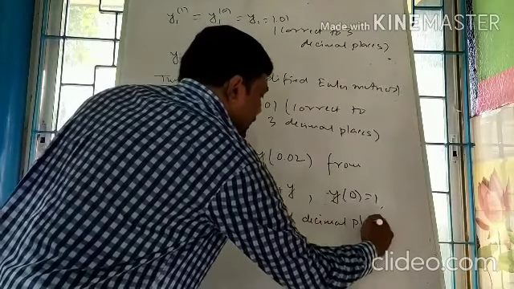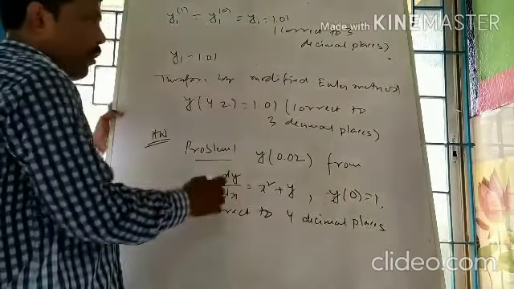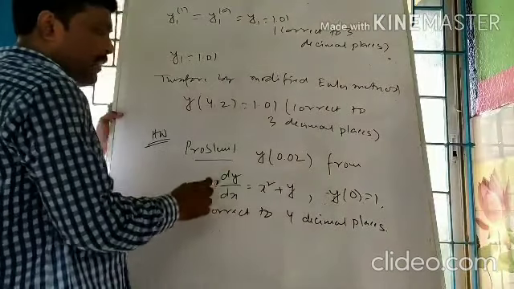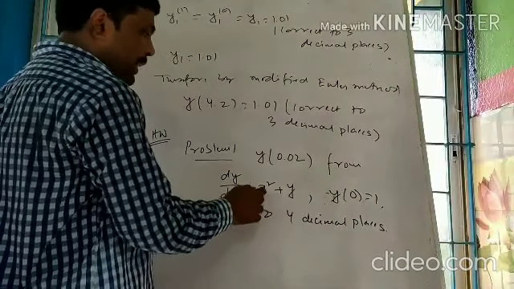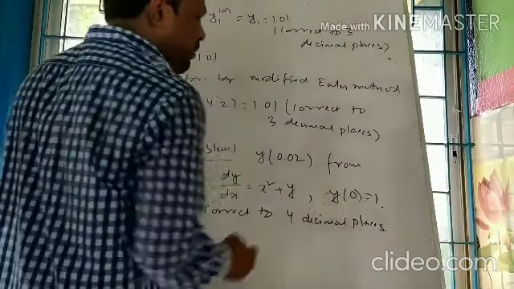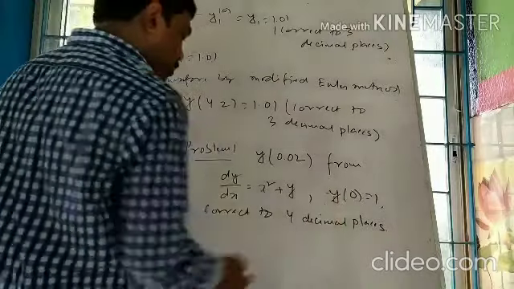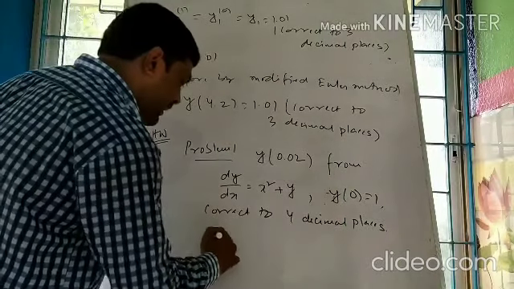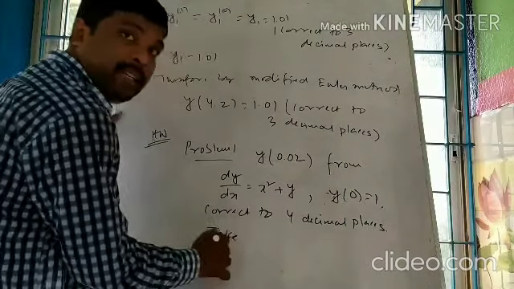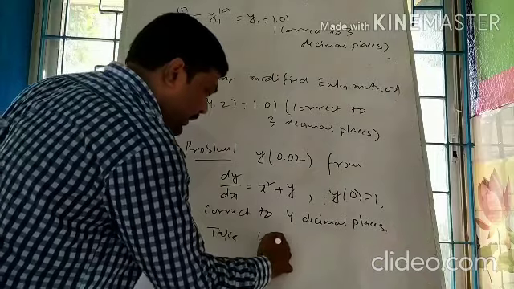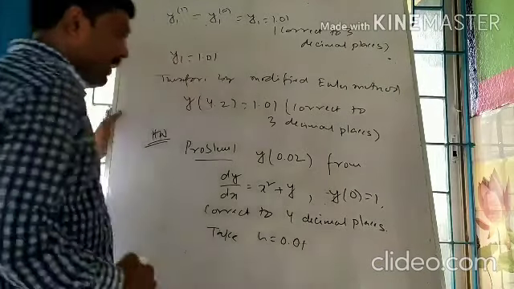Use modified Euler method. Take h equals to 0.01.